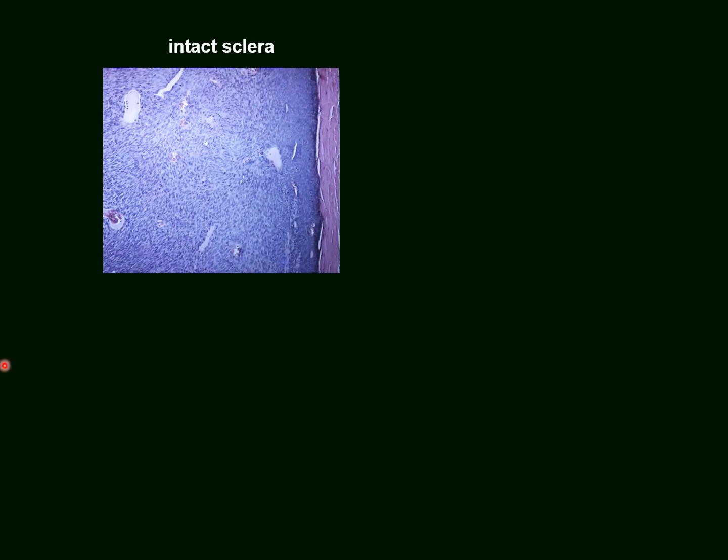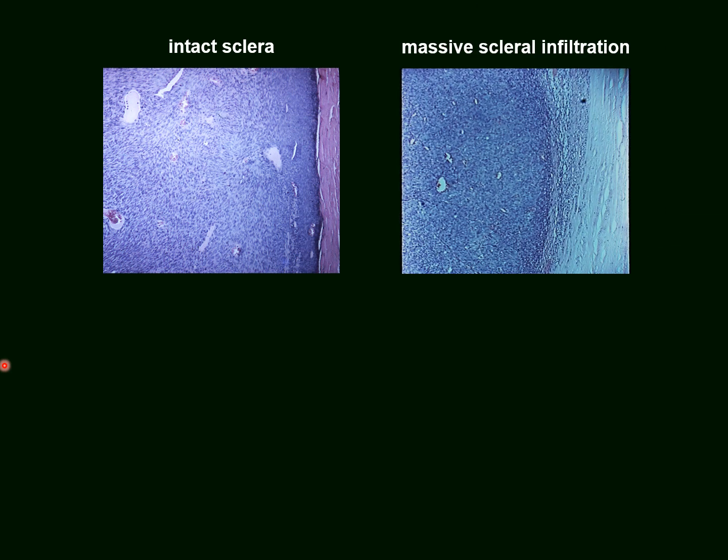With standardized E-scan, this sclera at the base of a malignant melanoma can be evaluated regarding the presence or absence of massive scleral infiltration. On the left, we see an intact sclera behind the tumor.